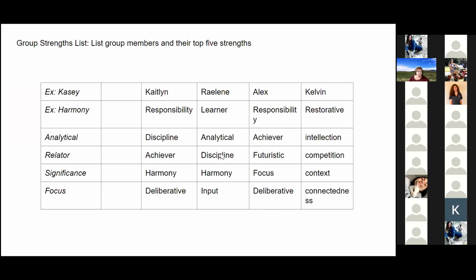My name is Raylene, and my top 5 traits were learner, analytical, discipline, harmony, and input. Hi, my name is Calvin. My 5 themes were restorative, intellect, competition, context, and connectedness.